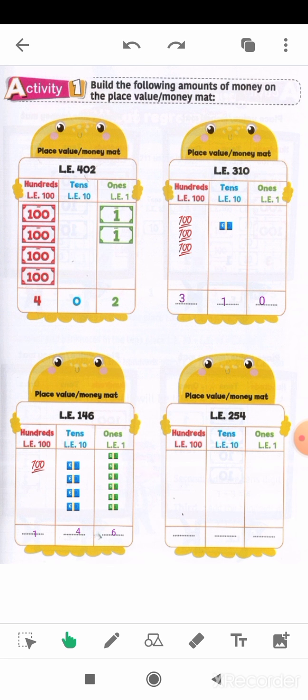So what we learned in the slides is to divide all numbers here in their place value. And we have 254, so we have 200s and 5 tens or 10 pounds and 4 papers of 1 pound. So we have 254.